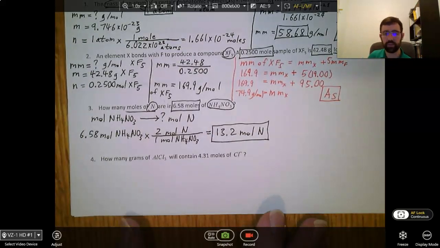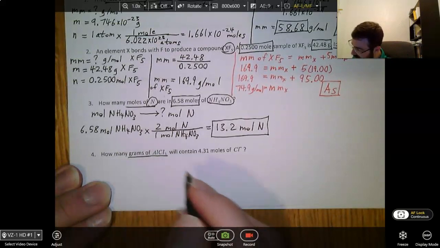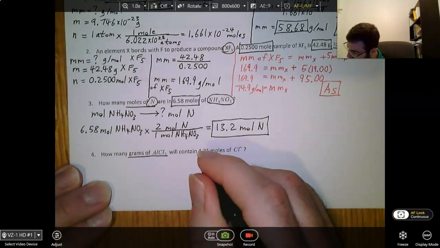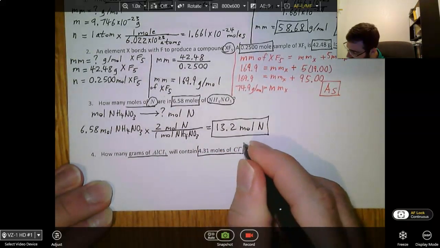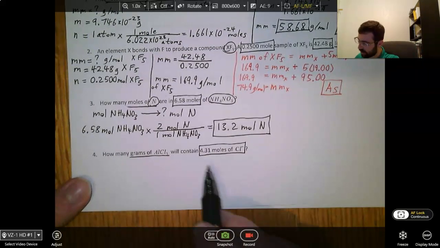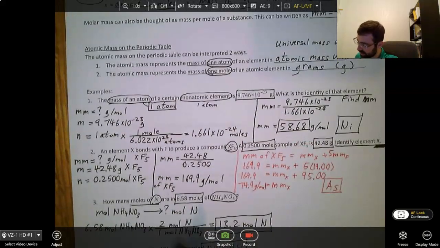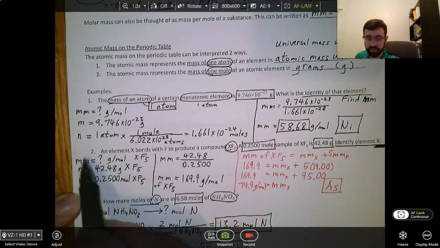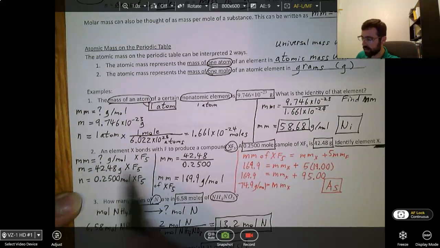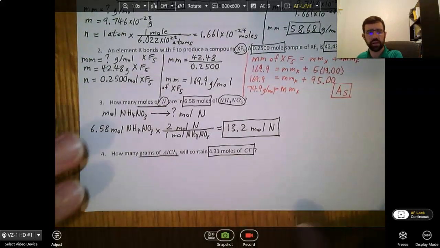All right, how many grams of AlCl3 will contain 4.31 moles of Cl minus? Well, there's a couple ways we could solve this. I'm going to use unit conversion this time. You could solve it using the formula, but I want to use dimensional analysis and some common sense with chemistry.